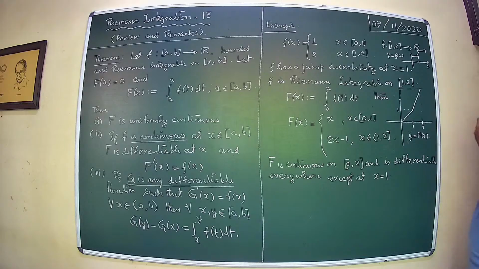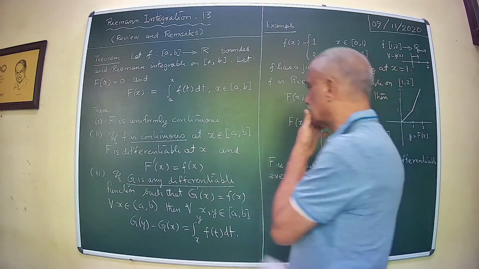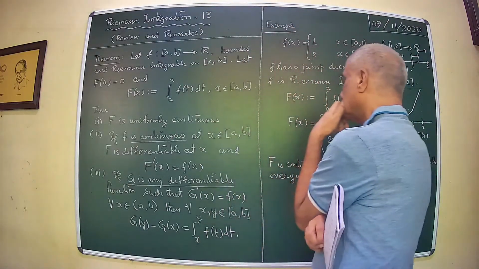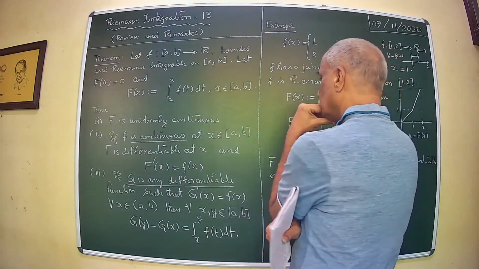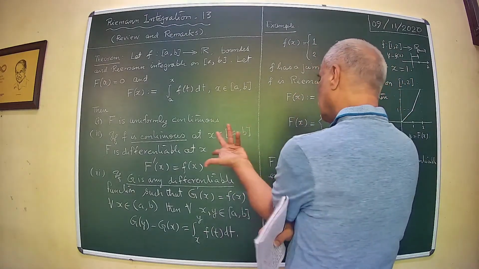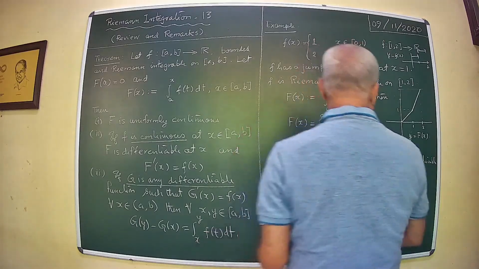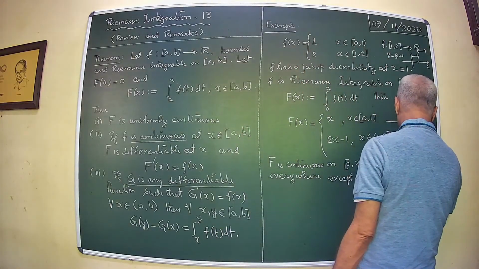So it really satisfies this condition that wherever f is continuous, you see that the derivative of F is equal to f. So condition 1 holds.